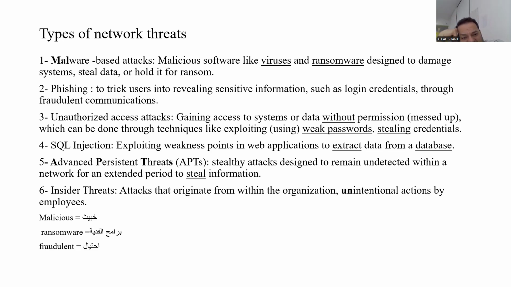Insider threats: attacks that originate from within the organization, unintentional actions by employees. It will be from the employees of the same company. The employees may know or not know; they will make mistakes whether they want to or not.